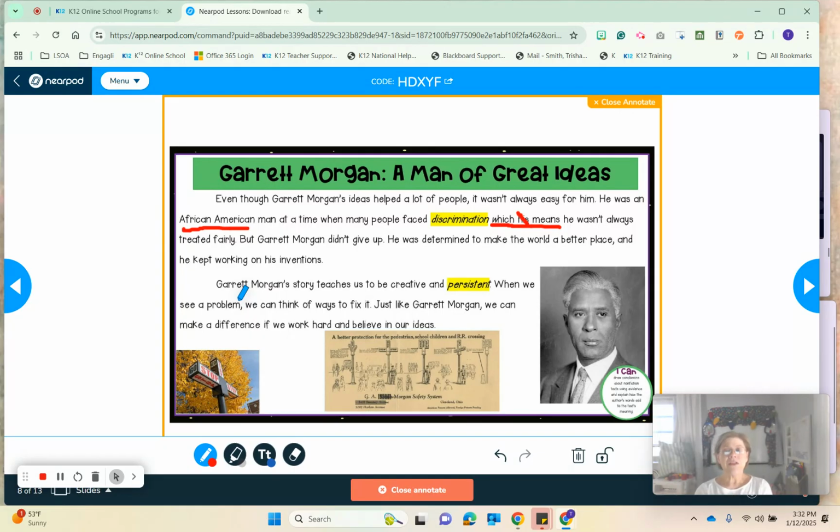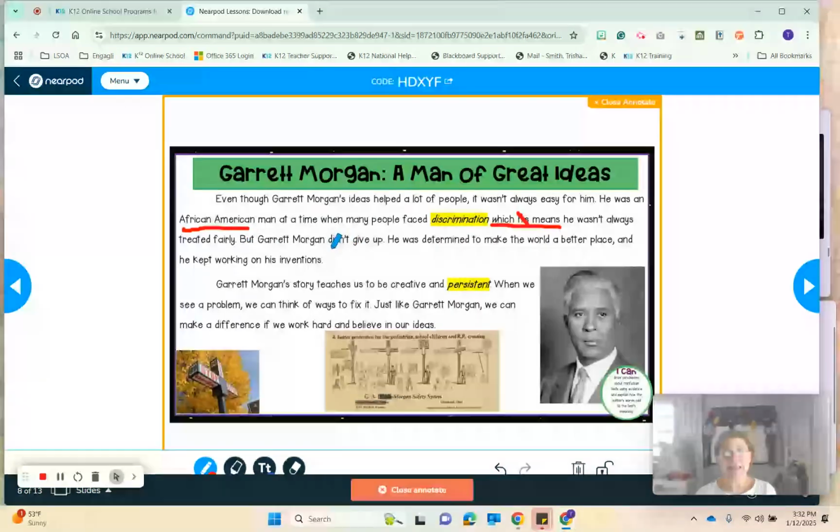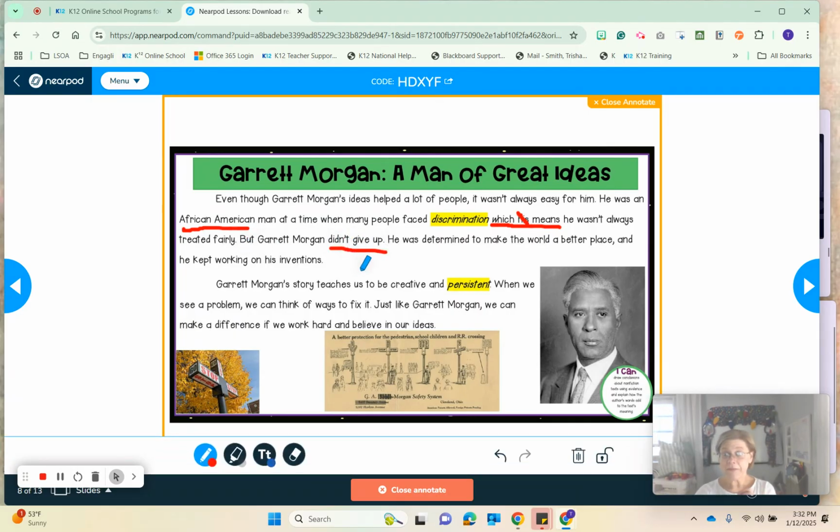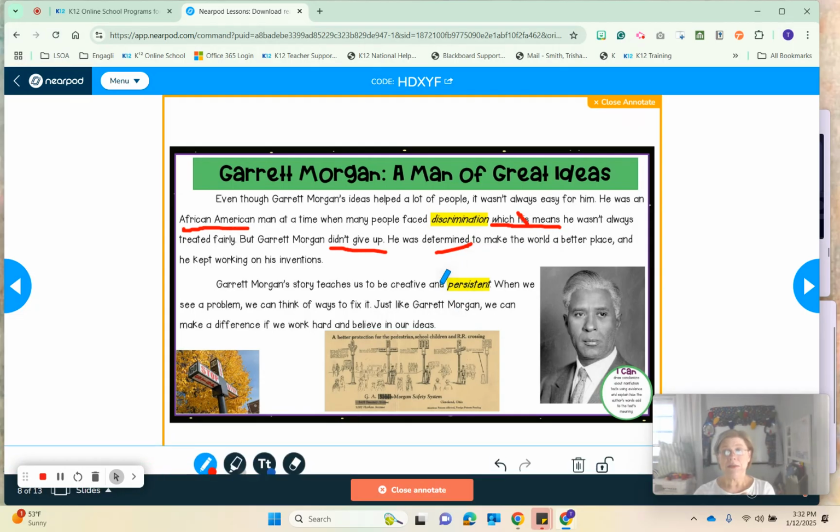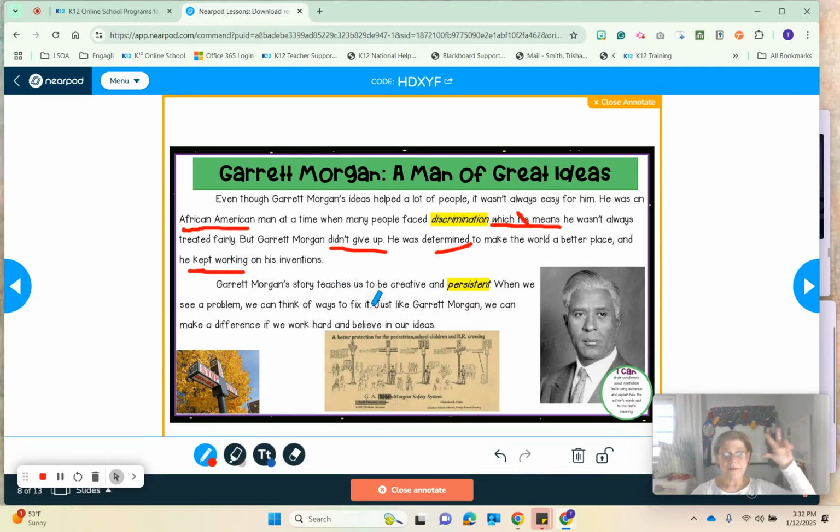No. So, if we look at the sentences right around the word persistent, it's not going to tell us really what it means. It gives us clues that help support the meaning, but it doesn't fully tell us what it means. We had to look up at the last two sentences of the previous paragraph. But Garrett Morgan didn't give up, very much like Humpty Dumpty. He was determined to make the world a better place and kept working on his invention. So didn't give up, determined, kept working.